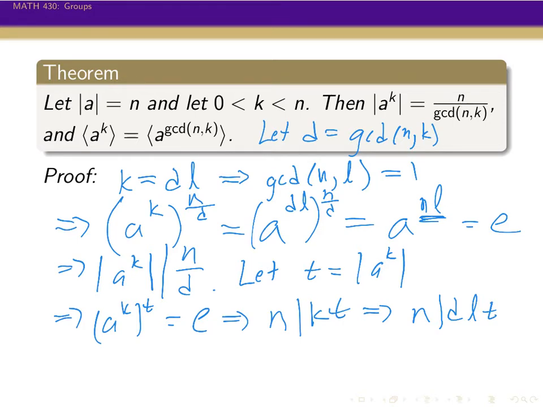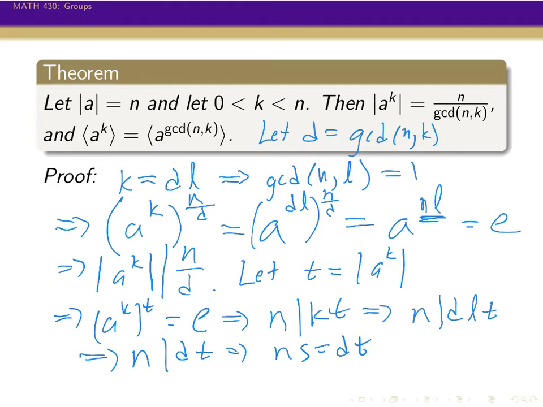But we know that the GCD of n and l is 1. And so if the GCD of n and l is 1, this means that n has to actually divide d times t. And so if n divides d times t, we can say n times s equals d times t for some integer s.